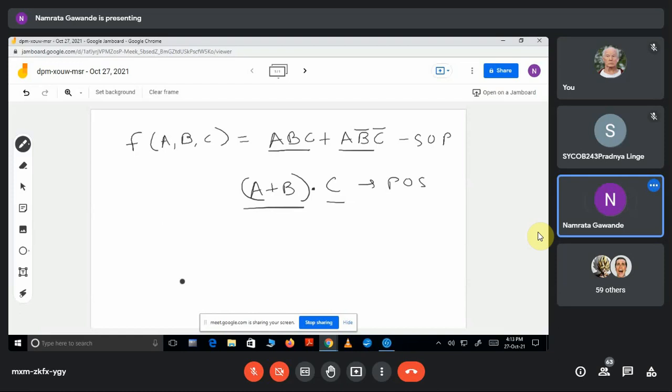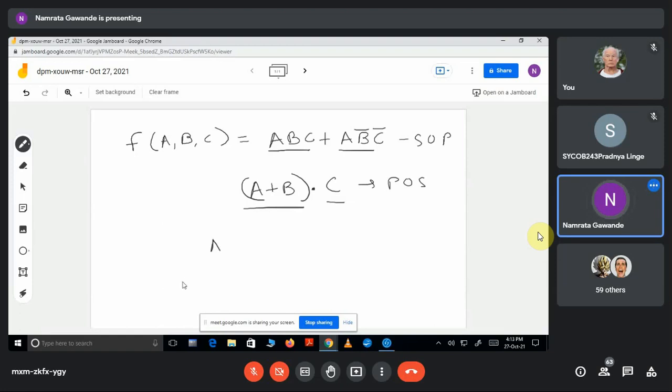In the POS we always take a group of sum terms, but here only one sum term is there, and in the other term only one variable is present. But those are ANDed together, so this is the POS form.